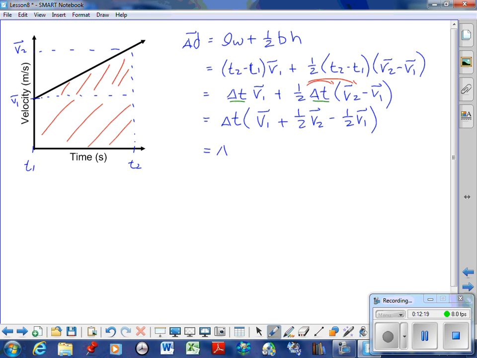If I collect like terms, V1 take away half of V1, I end up with half of V1 plus 1/2 of V2. Now I can pull a 1/2 out, so 1/2 delta T multiplied by V1 plus V2. There is your fourth formula.